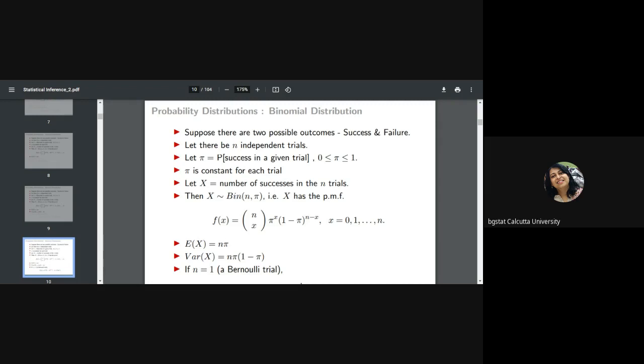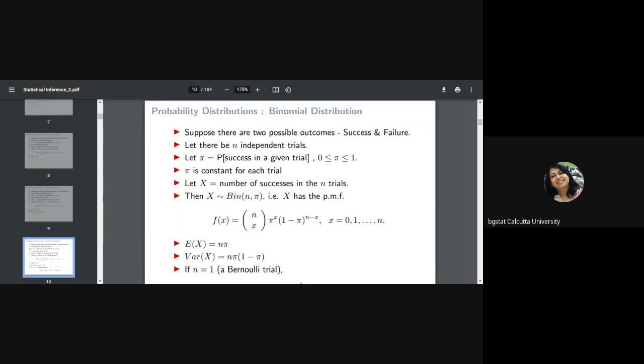So in this case, suppose that my parameter of interest is the probability that a particular trial results in success. We are assuming that the trials are identical. That is, we are assuming that the probability of success happening in the first trial is the same as the probability of success happening in the second trial, the third trial, or any one of the trials. So let us suppose that this common value is pi. As said here, pi is assumed to be constant for each trial.